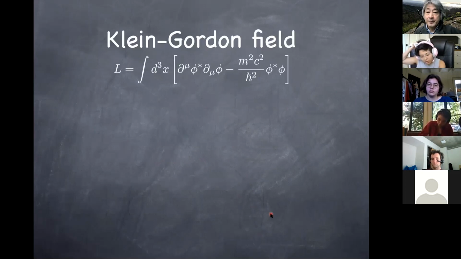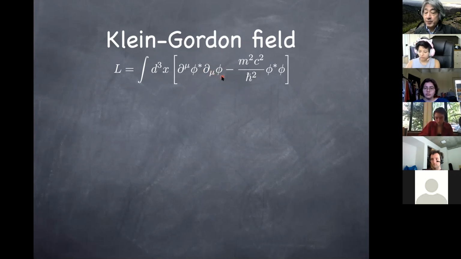jump right into it. So the Lagrangian of the Klein-Gordon field is given by this. Here I'm assuming phi is a complex field, similar to the Schrödinger field. And del mu phi, as I said, is the derivative 4-vector, which is naturally downstairs.